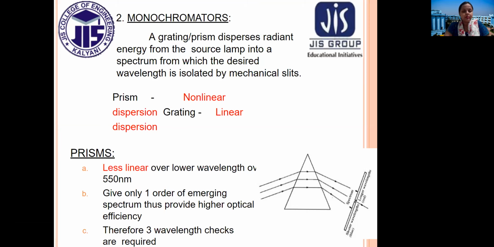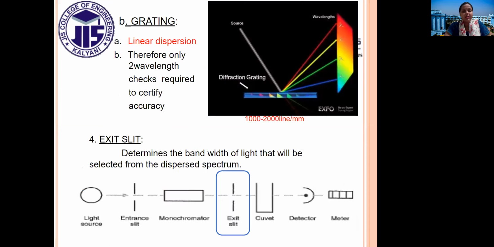Prism: less linear at wavelengths below 550 nanometers, gives only one order of emerging spectrum, thus providing higher optical efficiency. Therefore, three wavelength checks are required. Grating: linear dispersion can be done, therefore only two wavelength checks are required to certify accuracy.